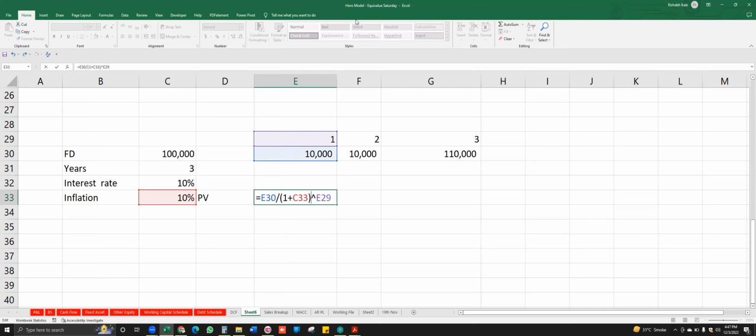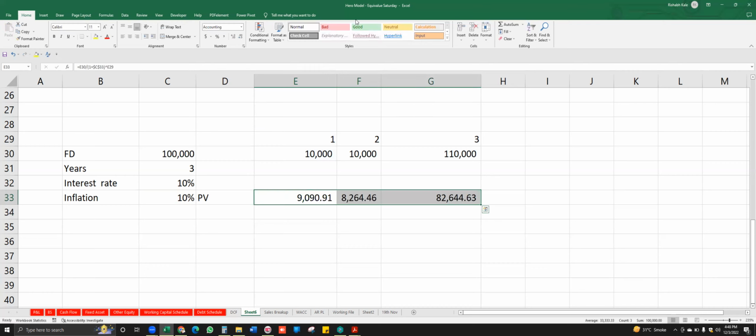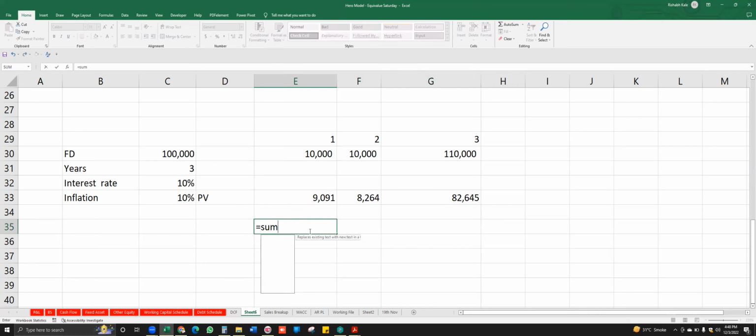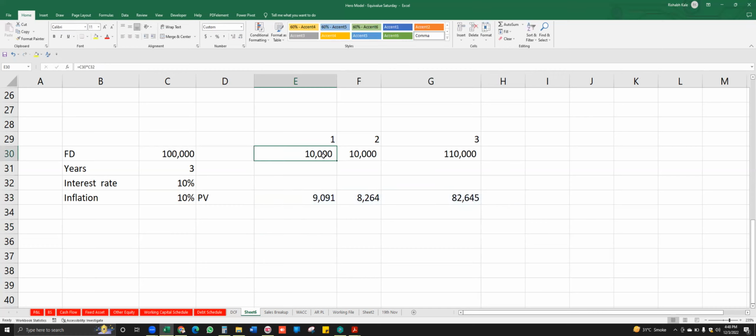What I will do, I will freeze this number. When I do this, and if I sum this, what value will I get? If I sum this, can I say this is the value of my cash that I will earn after 1 year?